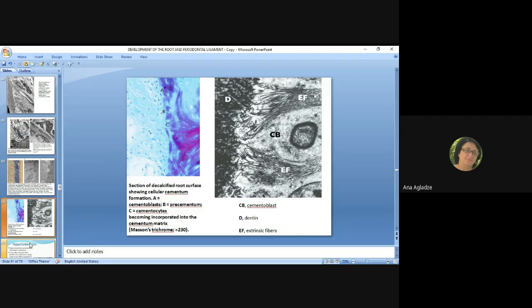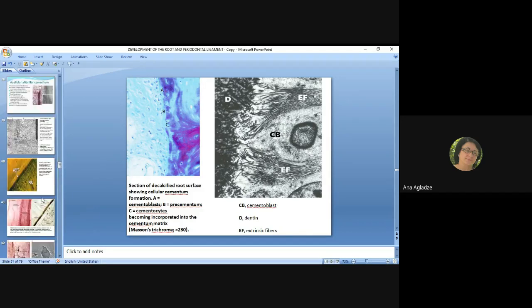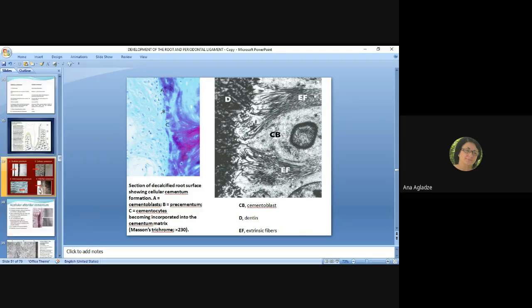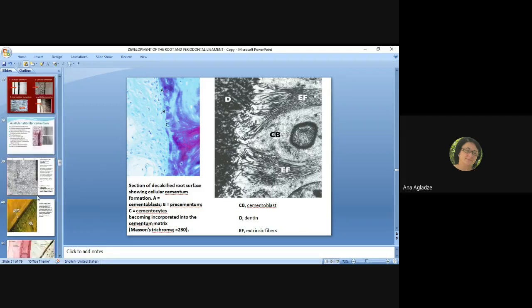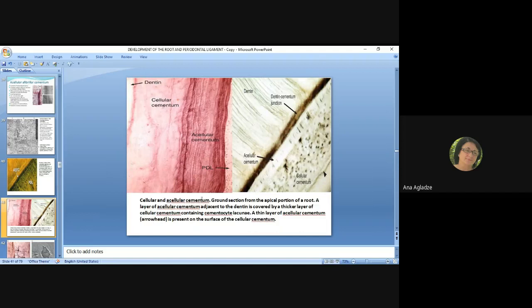But the most recent studies have shown that these irregular and non-homogeneously mineralized intrinsic fiber cementum and the intermediate layer are not separate.